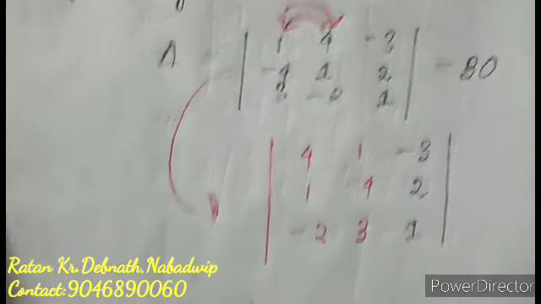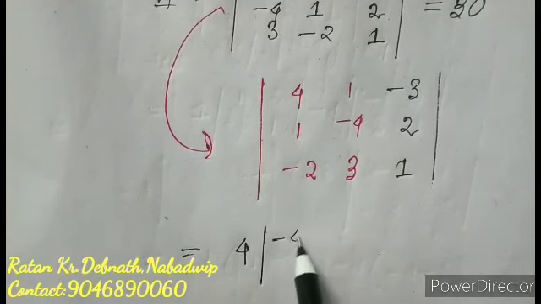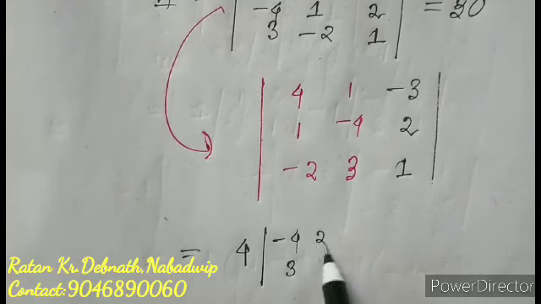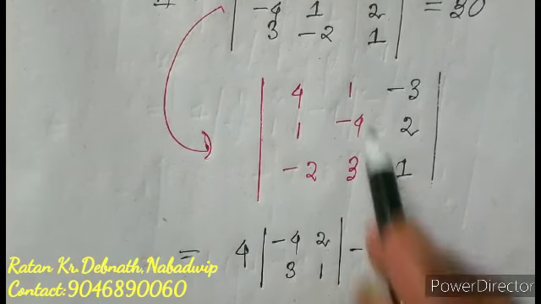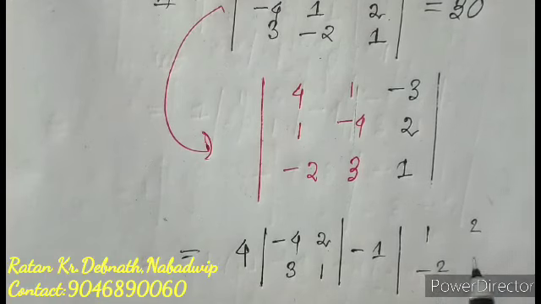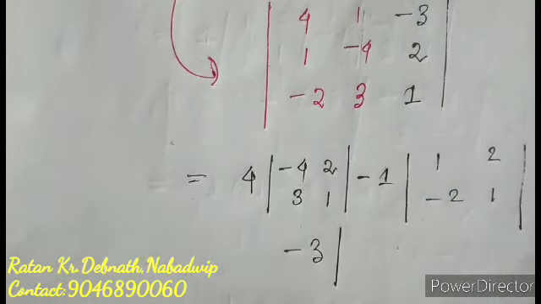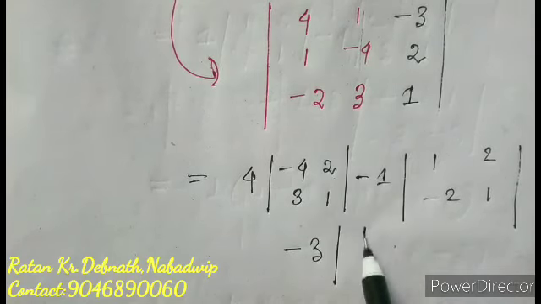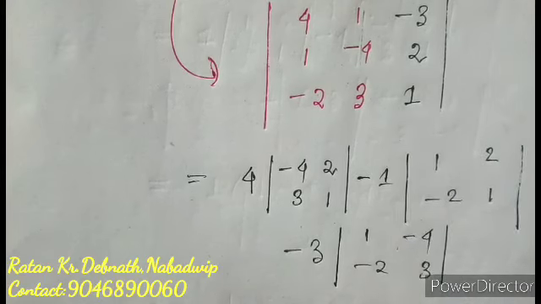4 into minus 4 3, 2 1, minus 1 into 1 minus 2, 2 1, minus 3 into 1 minus 2, minus 4 3.